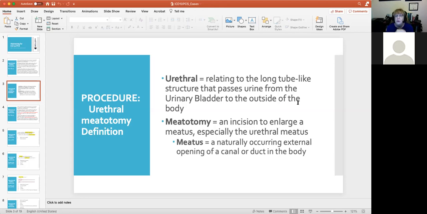I don't think you would find meatotomy in a regular dictionary, but there are a lot of words that we use in medical terminology that are English words that mean different things in business or in other uses. As you know, English, thank you very much, has 12 different definitions for every word.